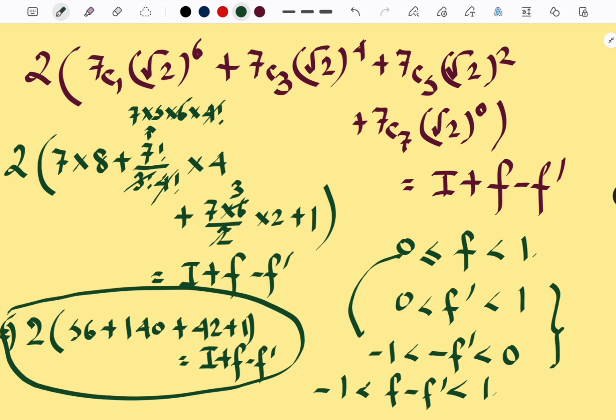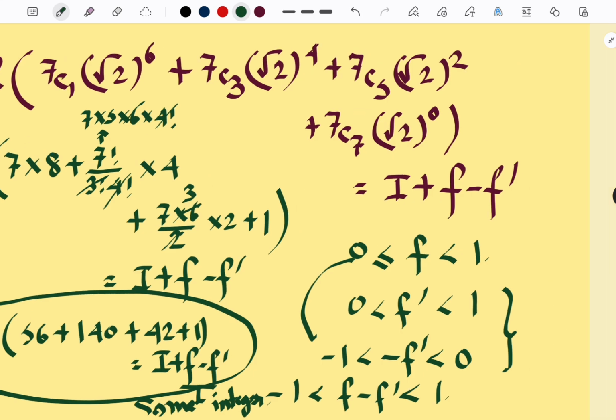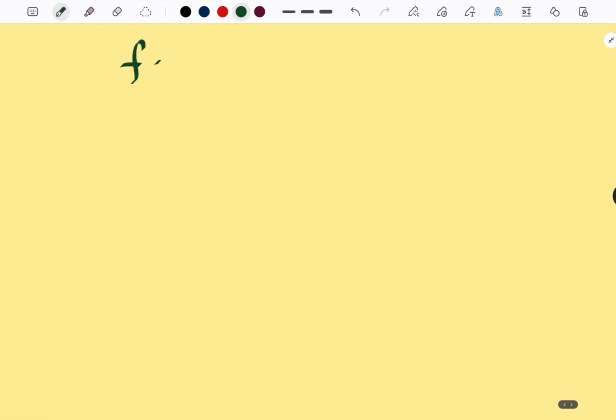Now consider one thing. Here on the LHS all the values are integers. On the RHS, I is an integer. So f minus f' obviously has to be some integer. Why? If it is not an integer, how would LHS be equal to RHS? So if f minus f' is an integer and its value always lies from -1 to 1, then f minus f' must be equal to 0.